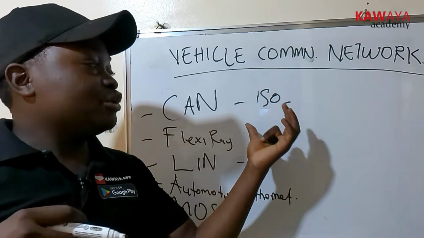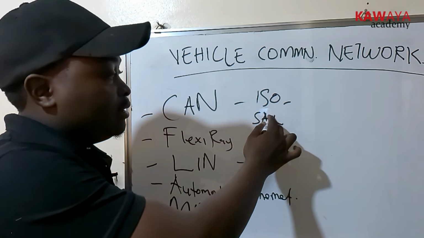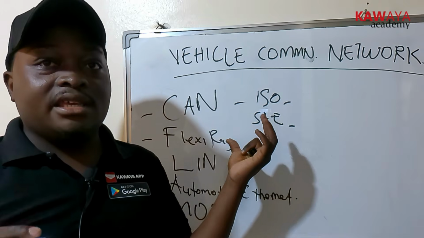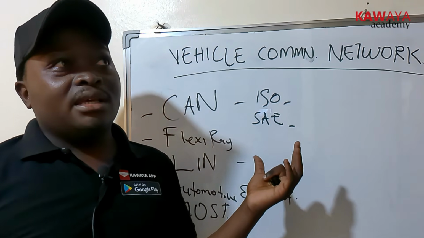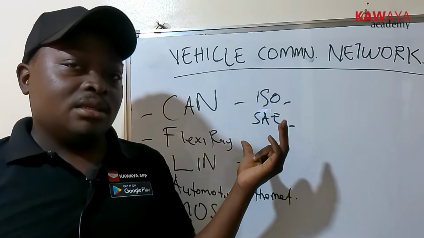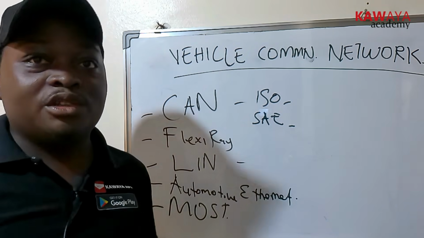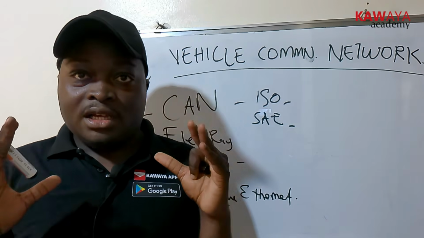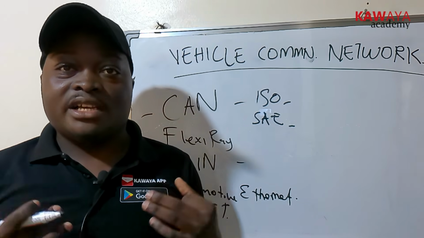ISO is the International Standards Organization. You will see SAE something. SAE is the Society of Automotive Engineers. So these are basically rules that govern how data is transmitted on these communication networks. So let's dive deeper into CAN and see how it basically works.